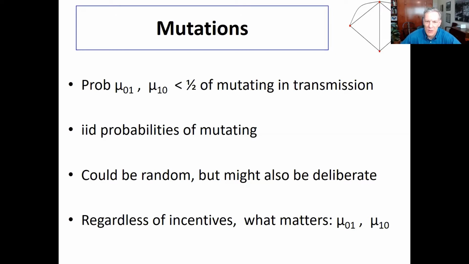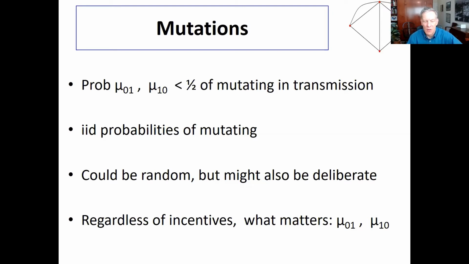We'll take these to be IID probabilities, so they're random. You can think of these as representing two things. One is that the message is misinterpreted or posted in the wrong way, or that some people deliberately try to change messages, and whenever they see a 0, they change it to a 1, so they only pass along 1s, or only pass along 0s.